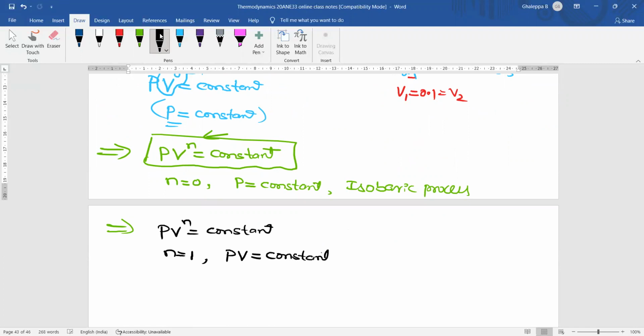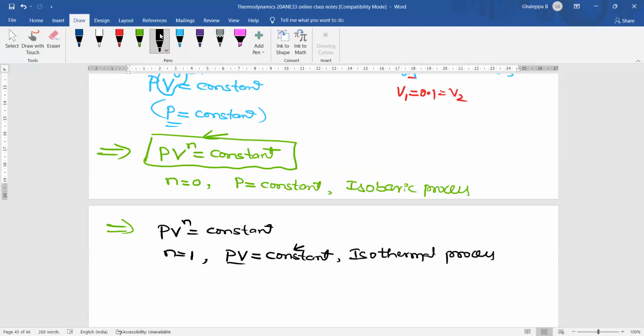Correct or not? Constant means some value. This is for which process? Isothermal process. Why I'm writing all these equations is that they will be used for numericals.